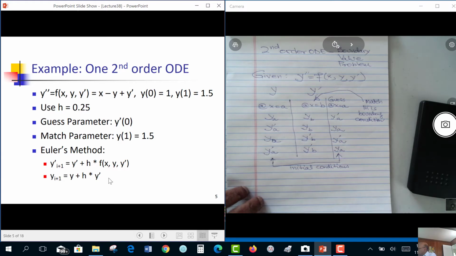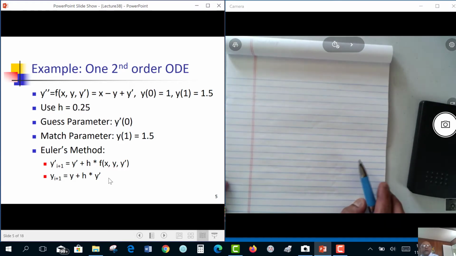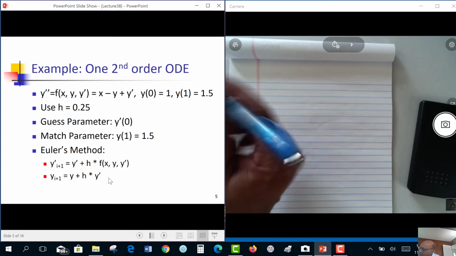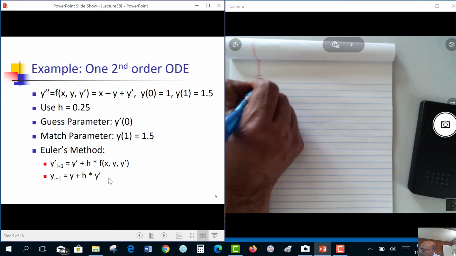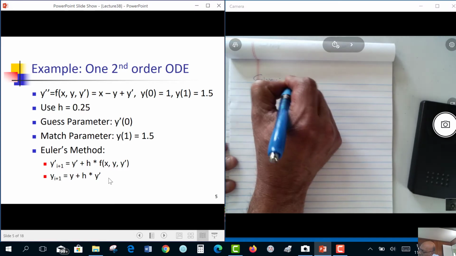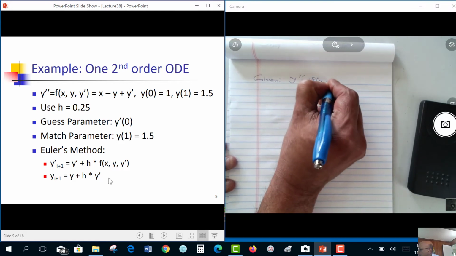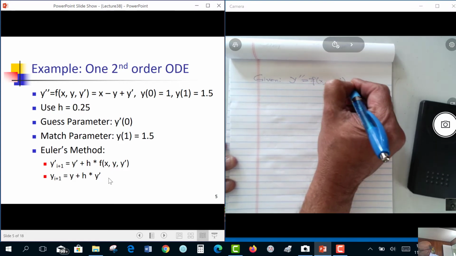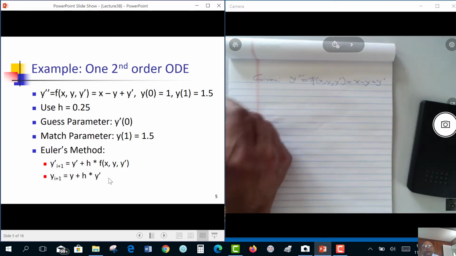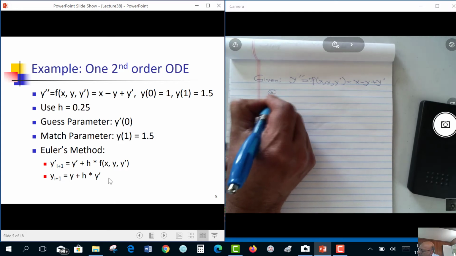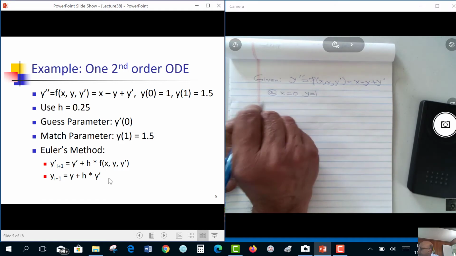And let's do it by doing an example. So we'll pick up our old second order differential equation where y double prime, which is a function of x, y, and y prime, is x minus y plus y prime. And we are given that at x is equal to 0, y is equal to 1.